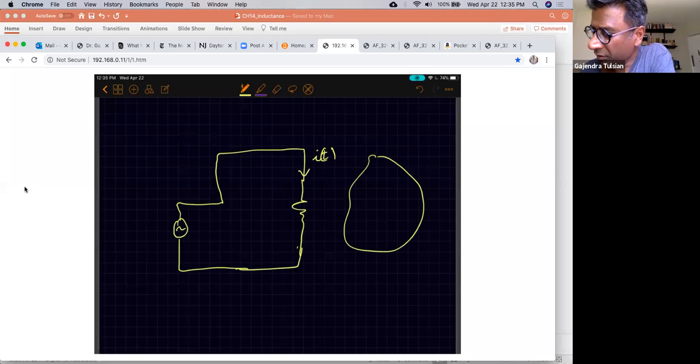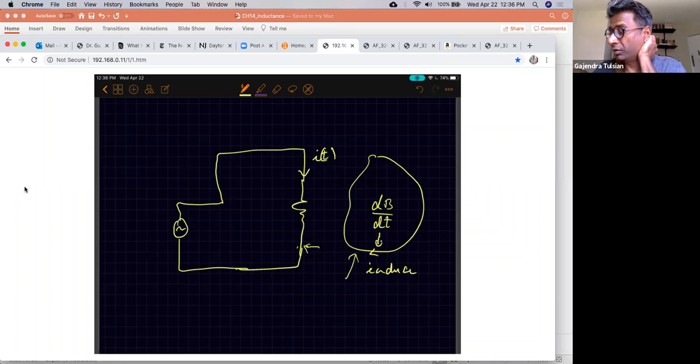Now this changing current will induce a changing magnetic field, dB by dt, in this circuit, which will induce a current. So in this nearby circuit, just because of changes happening in this circuit, you're inducing a current. So that's an induced current.